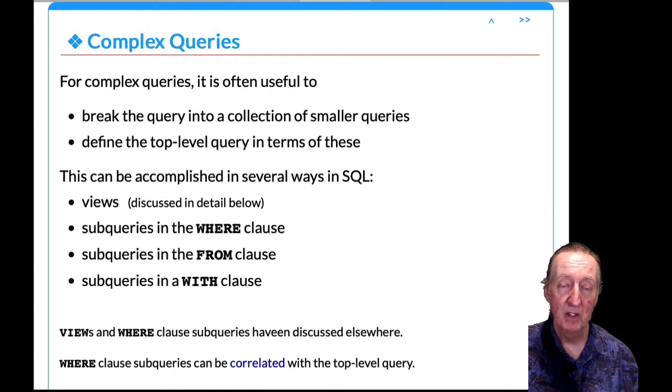The subqueries in the where, from, and with are basically ways of avoiding writing a view to solve a problem. Sometimes that's actually not possible because, for example, in the where clause, you may need information from the main query to be pushed down into the subquery, and we've already talked about those correlated subqueries.